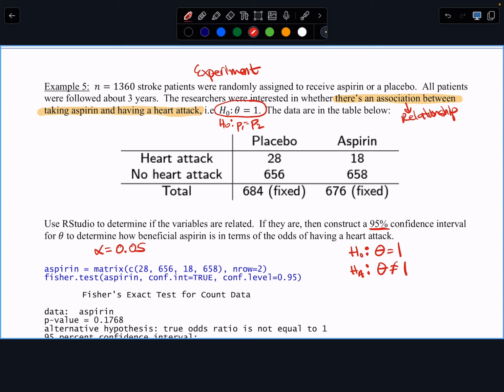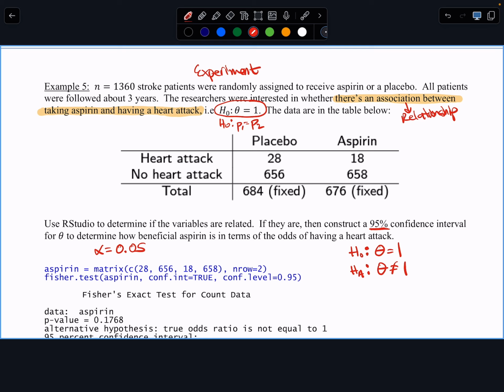All right, so I'm going to do my fisher.test, put my data set name into RStudio as the first piece inside the fisher.test function. Remember, you can leave off this conf.int equals true. I believe at one point in time you needed to include this. You do not have to include that here. That is optional. And then my confidence level here is 0.95.